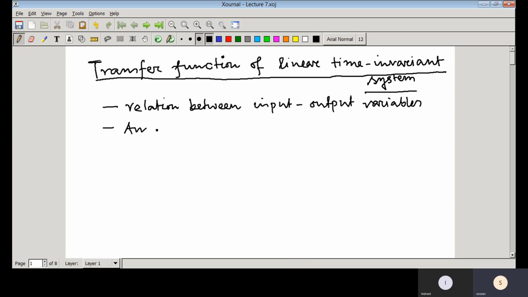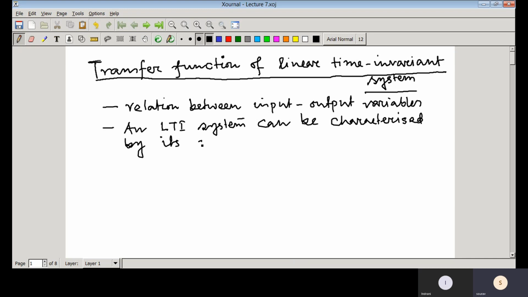That is, an LTI system can be characterized by its output response when the input is unit impulse.